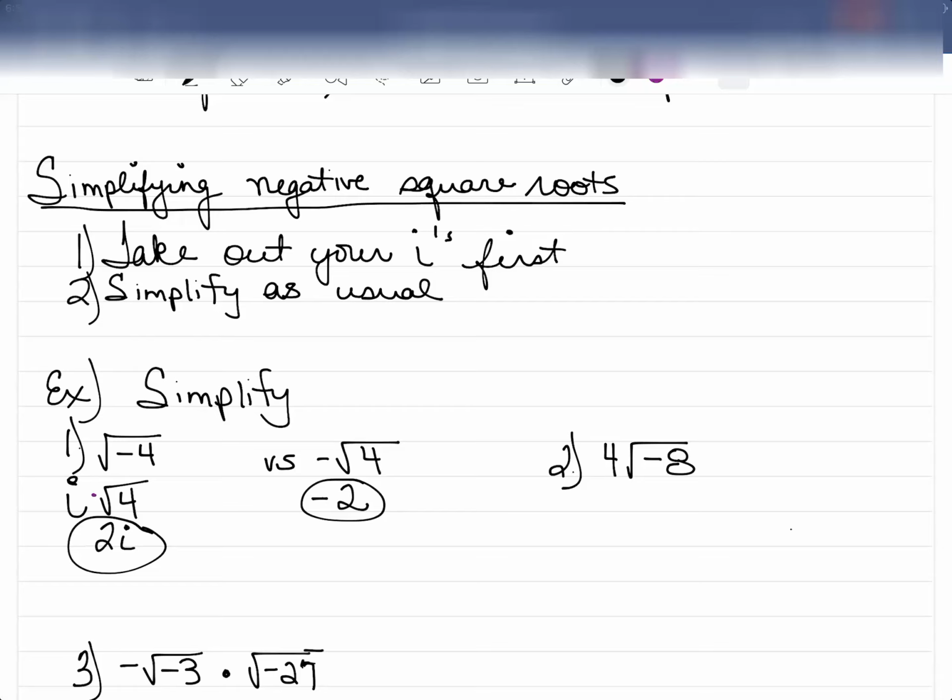So in number 2, we have 4 square root of -8. I see a negative underneath the square root. I immediately pull out an i. And when I pull out my i, I write it right behind that 4, just like we would write an x behind the 4. So 4i square root of 8. Now we will need to clean up that square root of 8.